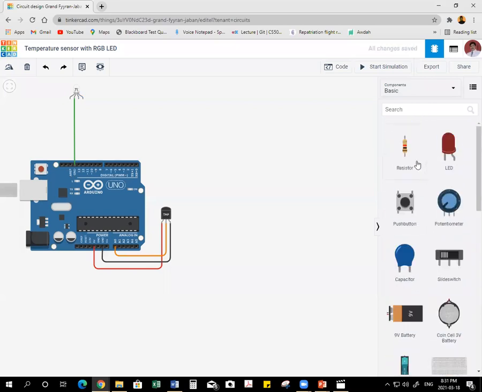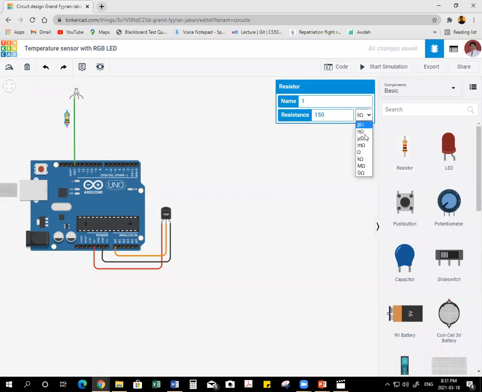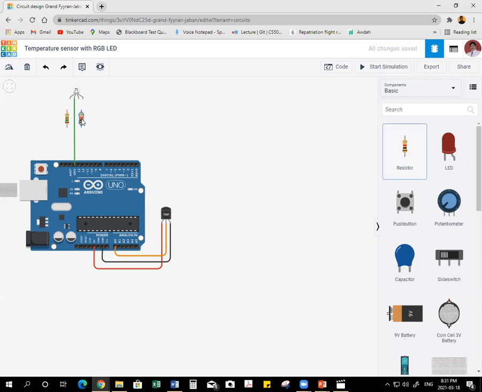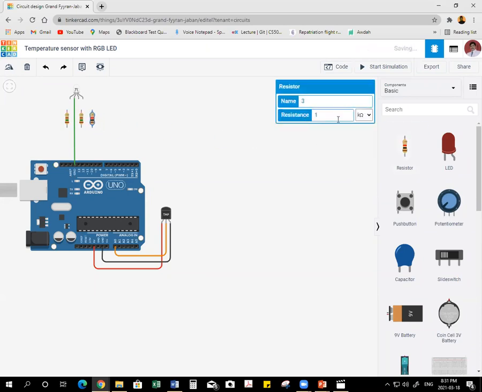Now we need 3 resistances of 150 ohms each. Sorry, this is wrong, this is ohms. Now connect pin numbers 10, 11 and 9 because we need analog. So this is 11.